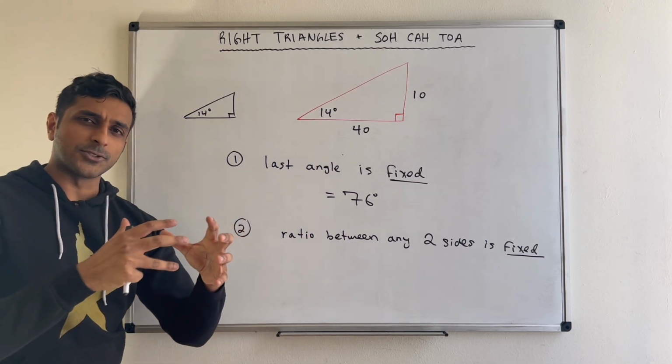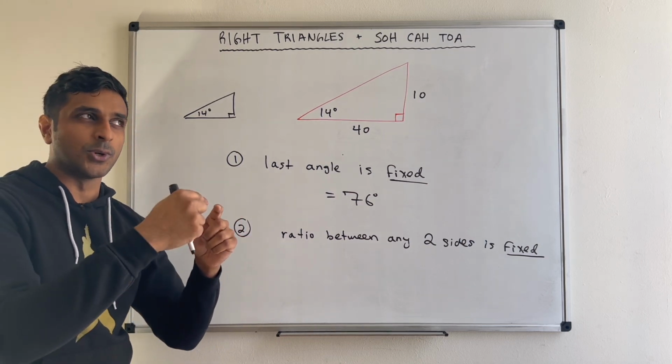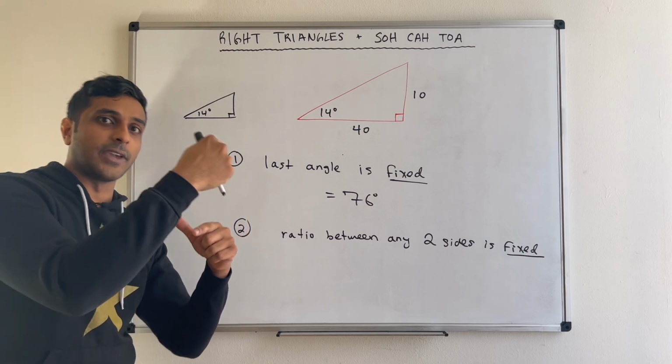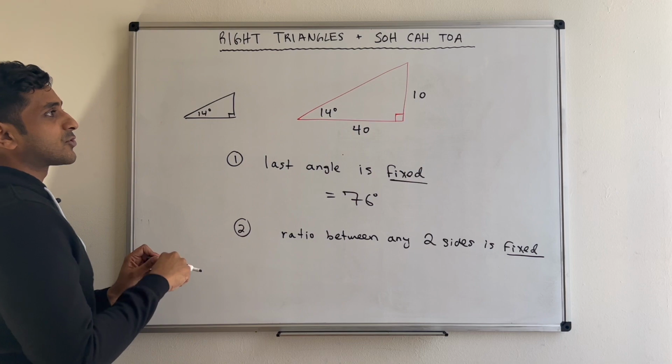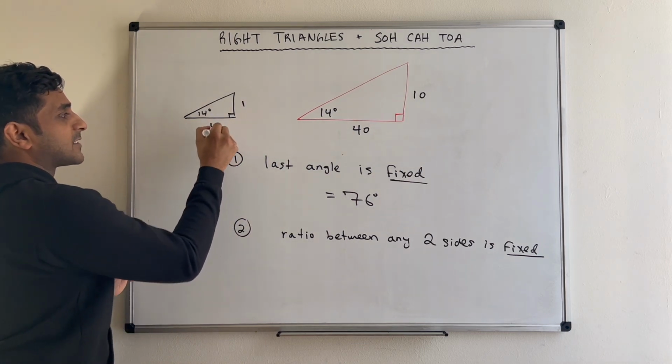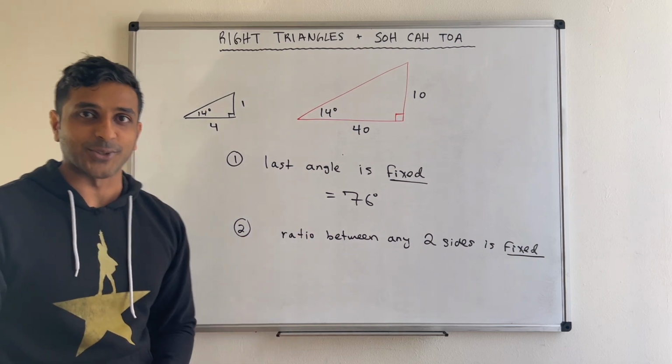And if you're a zoomed in or zoomed out version of each other, you have the same shape, you just have a different size. And so the relative ratio of any two of your sides is going to be the same, regardless of which triangle you are. So in this triangle, if this is 1 long, this would have to be 4 long. They would have to have the same ratio because they are similar triangles.